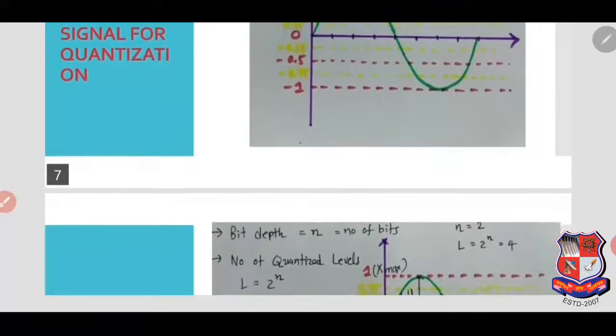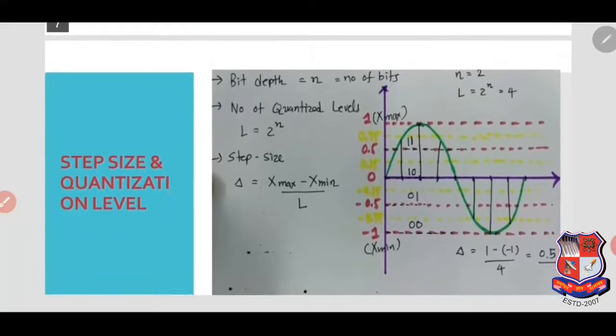Then we learned how the number of quantized levels and the step size are found. I hope you have all learned how to do those two things.